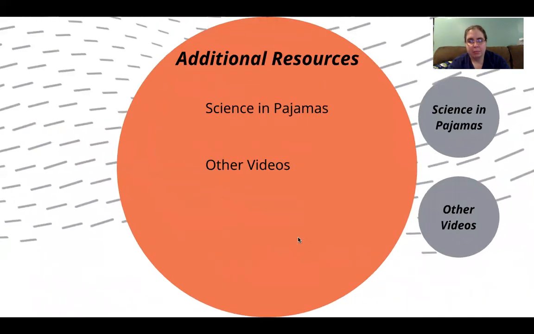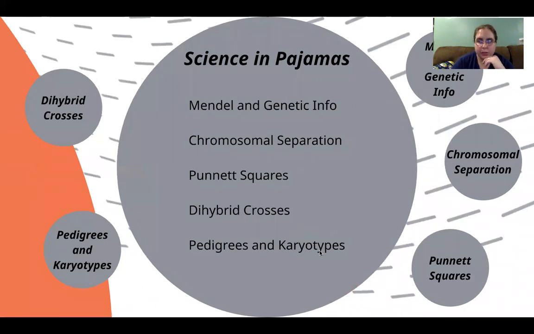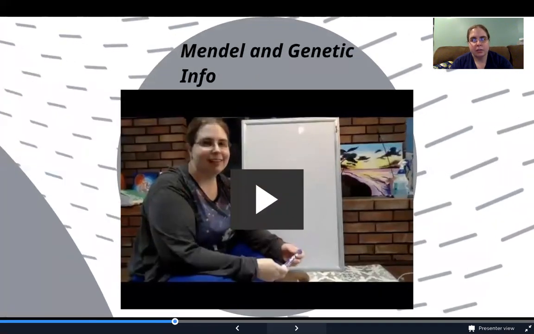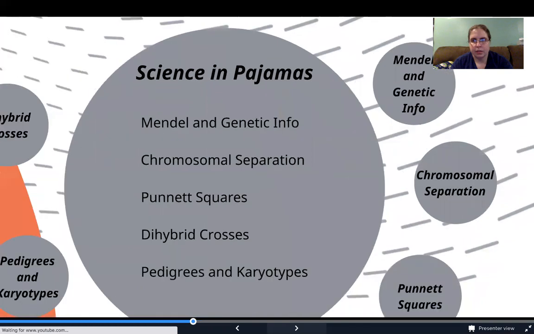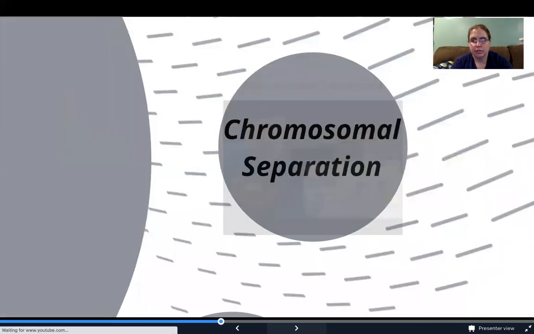Since we're at the end of the chapter, we'll talk about some of the additional resources we have. So first are the Science in Pajamas videos, the ones that I make and put on YouTube. We have one that talks about Mendel and an introduction to genetics. We have one on chromosomal separation, looking at the law of segregation and whatnot.